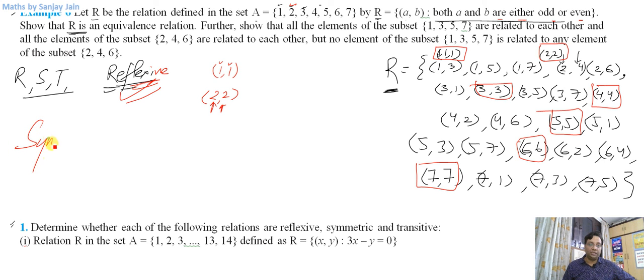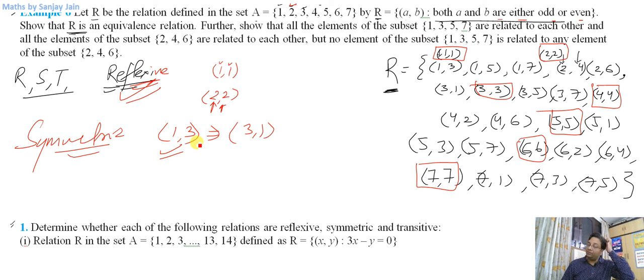What about symmetric? Is this symmetric? So if 1, 3 is present, then 3, 1 will definitely be present. So presence of 1 comma 3 implies the presence of 3 comma 1. Why? Because if this first and second entry is both odd numbers, 1 is related with 3, so 3 will definitely be related with 1, right? Because 3 has to be related with all the odd numbers present here.